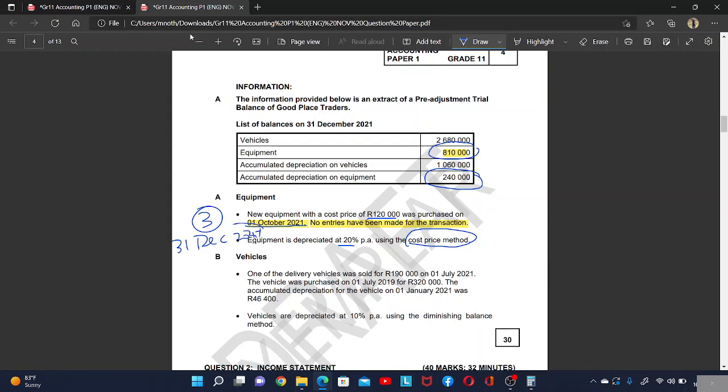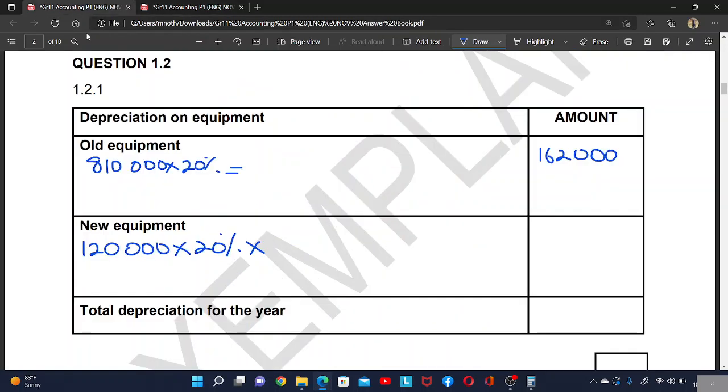It stayed October, November, December, for 3 months. So times 3/12 is equal to 6,000. So the total depreciation for the equipment is 168,000 if you add the two.